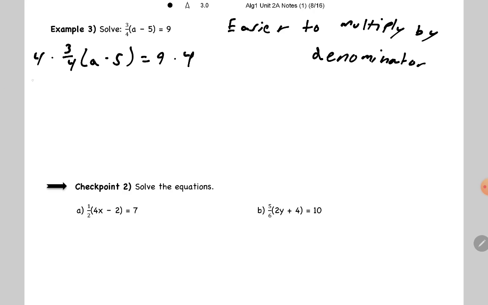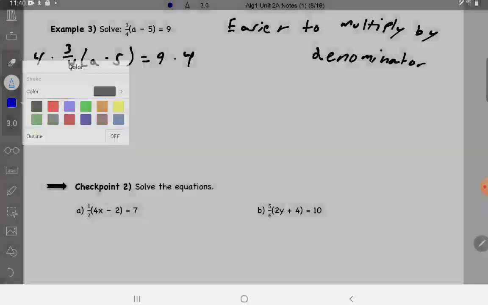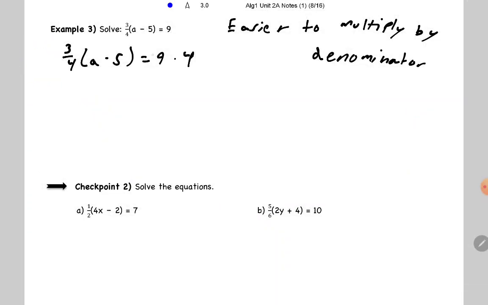Okay, and then I'm just going to put this in a different color, just to make sure that you know what I'm doing. So there's the original equation. I'm going to multiply both sides by the denominator, and that'll cancel out with that.